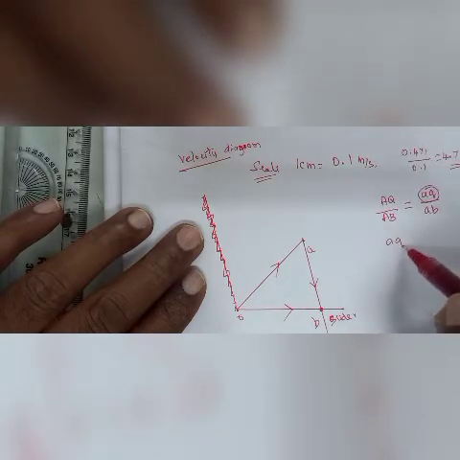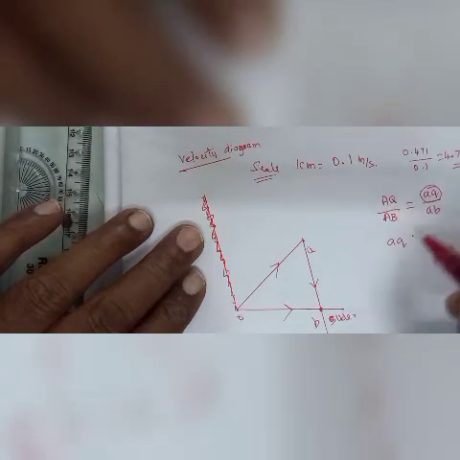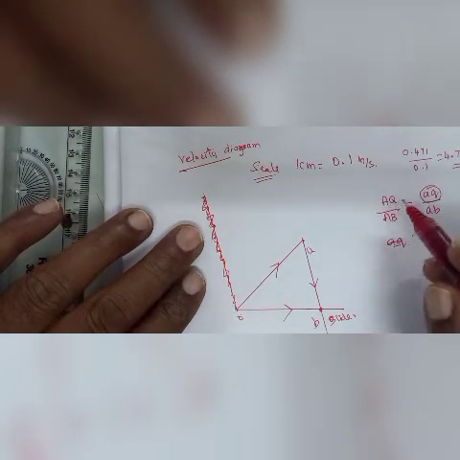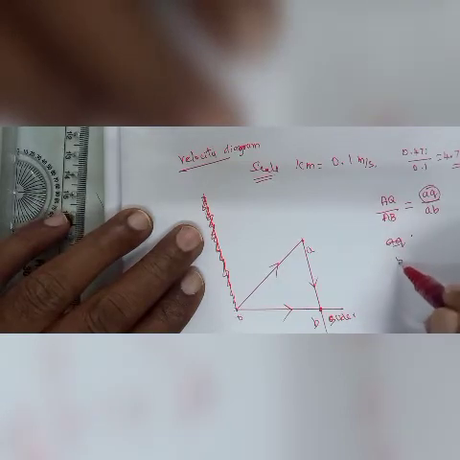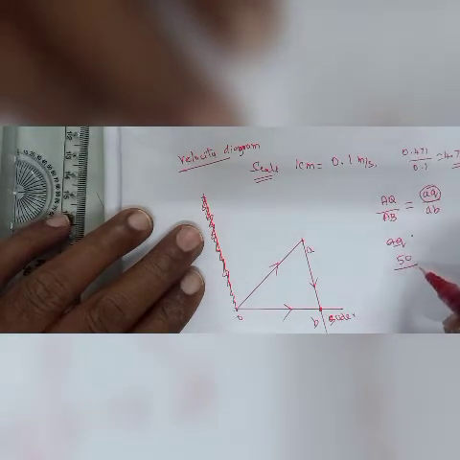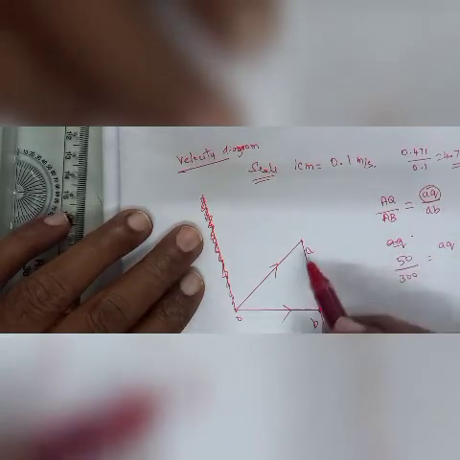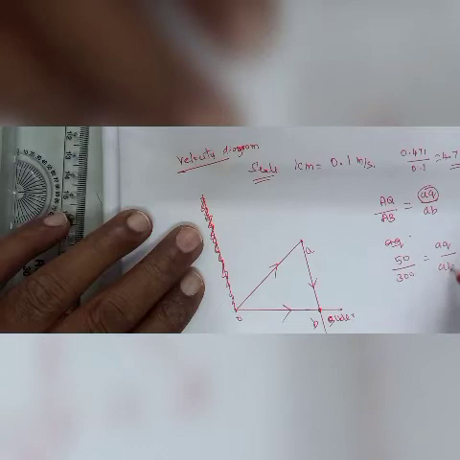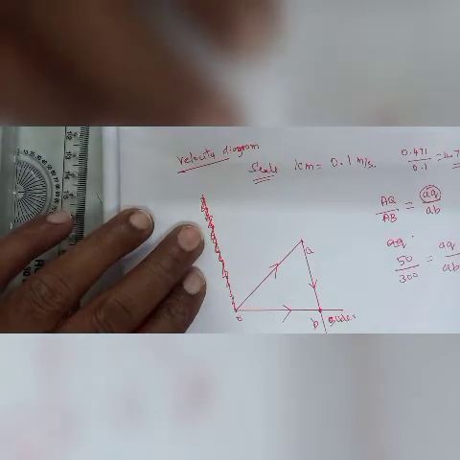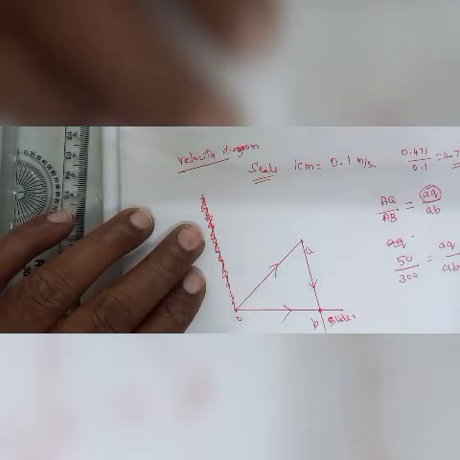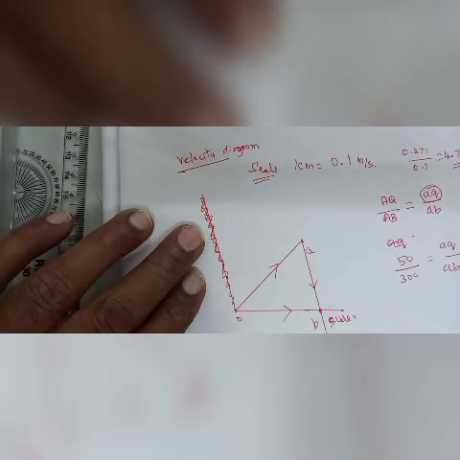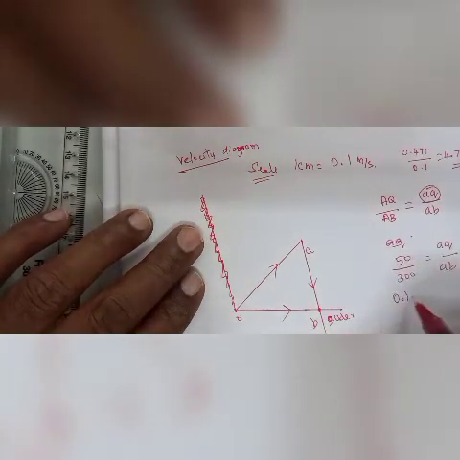So we know the distance AQ and AB, which is nothing but AQ is 50 mm and AB is 300 mm. That is equal to small aq, which is measured from this. So we have 50 divided by 300, it is 0.167.